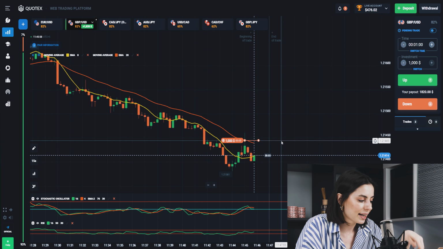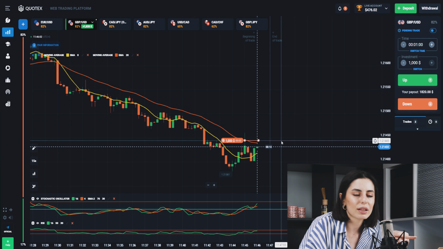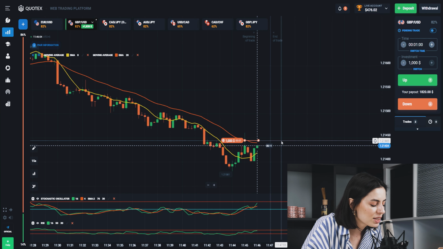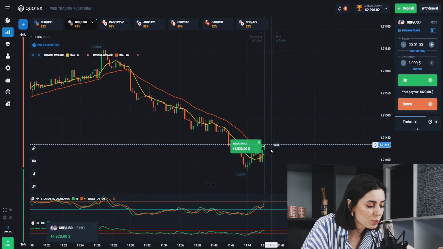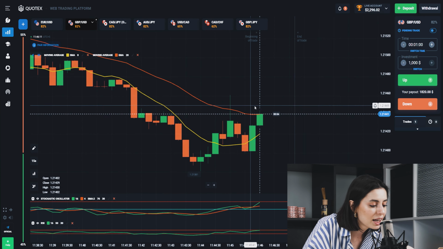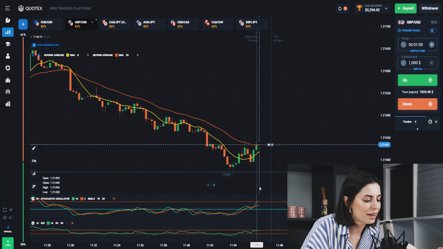And exactly in that case, we were predicting and catching the moment when the stochastic oscillator lines are gonna cross. And here you may see that we had our profit here, but we are about to have the crossing of the moving averages.